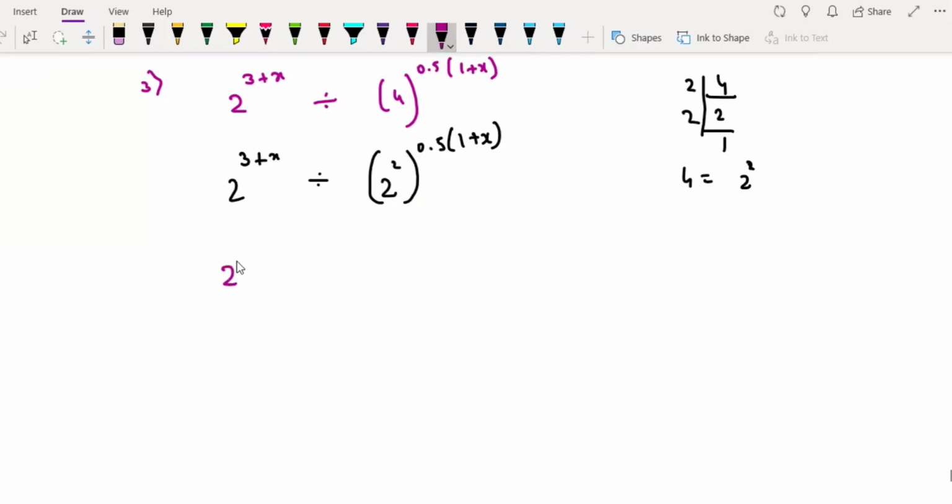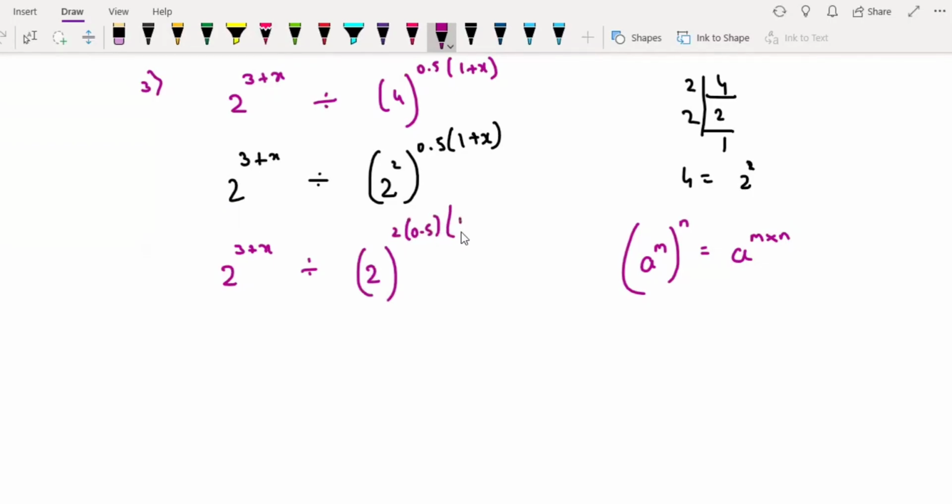Now, the first exponential term we're going to write down as it is, divided by. So we're going to multiply the powers like we came across one of the laws. The law is a to the power of m whole to the power of n. So what we're going to do with that? We're going to multiply our powers, that is m into n, right? The same thing here we're going to do. That is 2 to the power of 2 of 0.5 of 1 plus x.